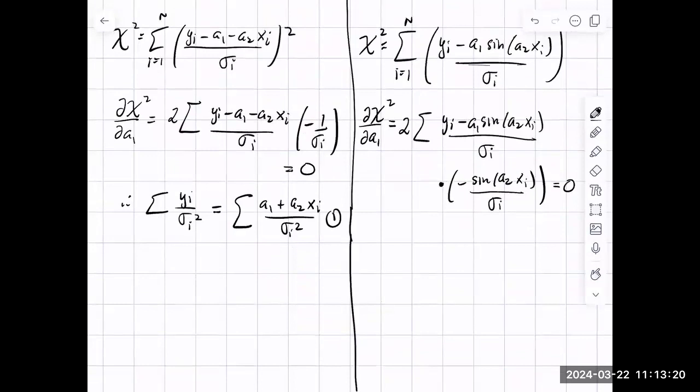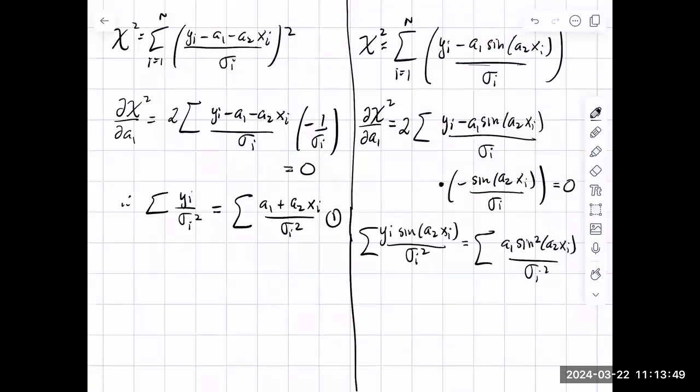We're going to end up with yi sine a2xi over sigma I squared is equal to the sum of, what's all the stuff that's left over? We're going to get a1 sine squared a2 xi over sigma I squared. Is that right? Yeah, it looks like it. Okay.